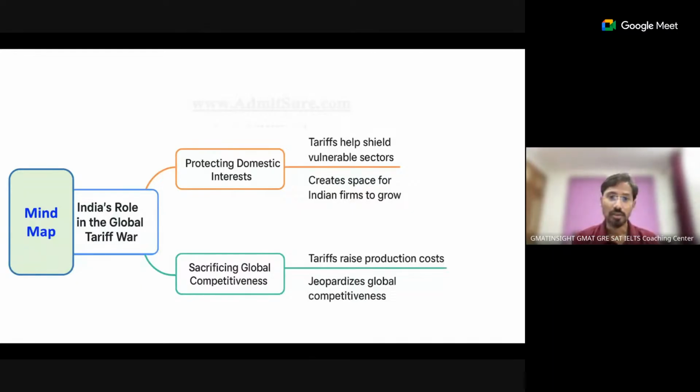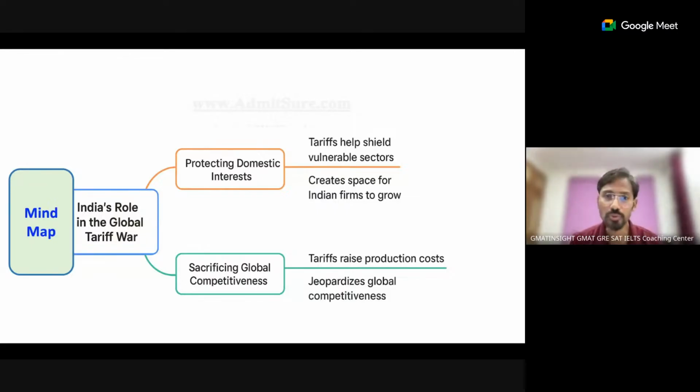Number one is protecting domestic interest, and the Prime Minister already gave a speech around it, that we are taking some steps to protect domestic interest. And second is sacrificing some global competitiveness. There has been a debate going on about whether these tariffs are affecting the global competitiveness of the country, especially India.